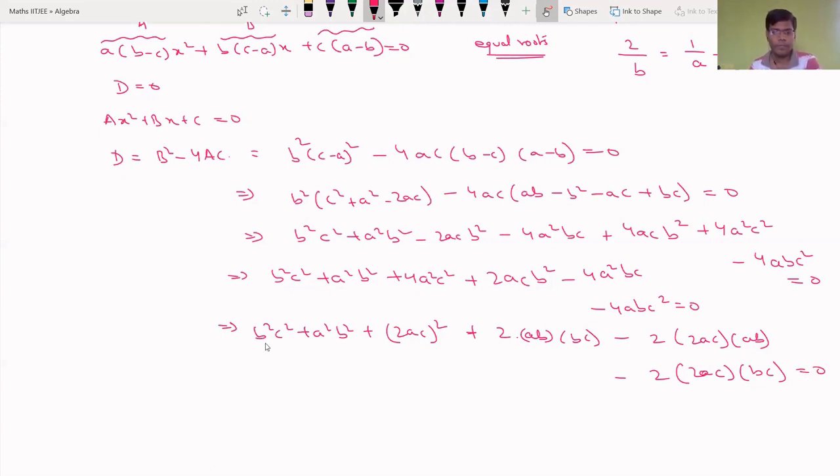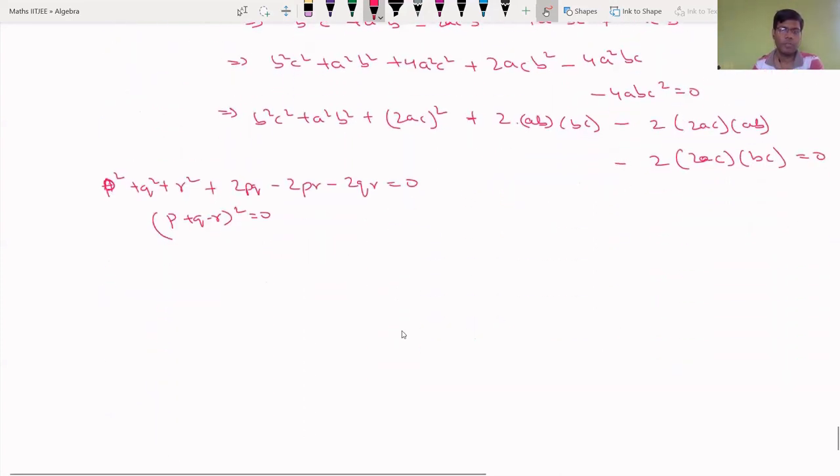So this is of the form, say I have P, Q, R: P square plus Q square plus R square plus 2PQ minus 2PR minus 2QR is equal to 0. So this would give me nothing but (P plus Q minus R) whole square is equal to 0.